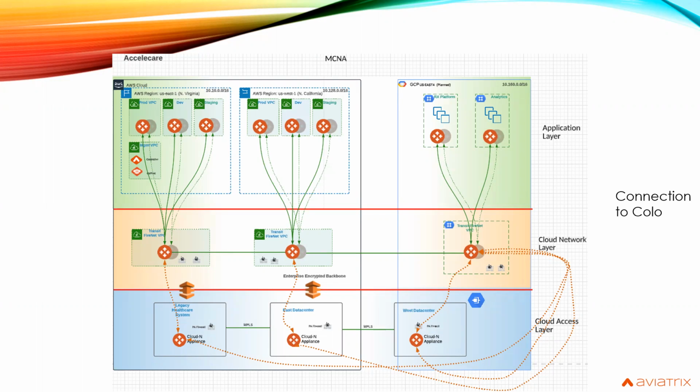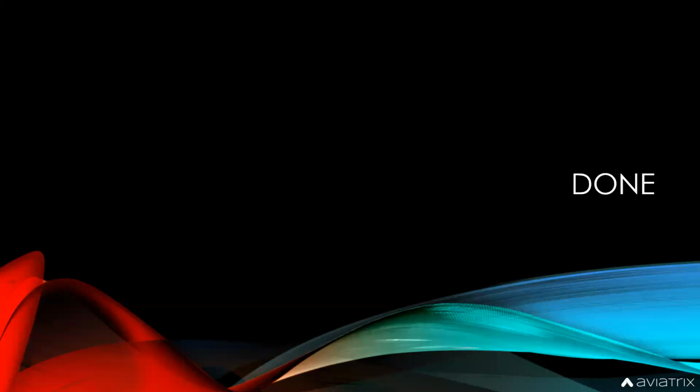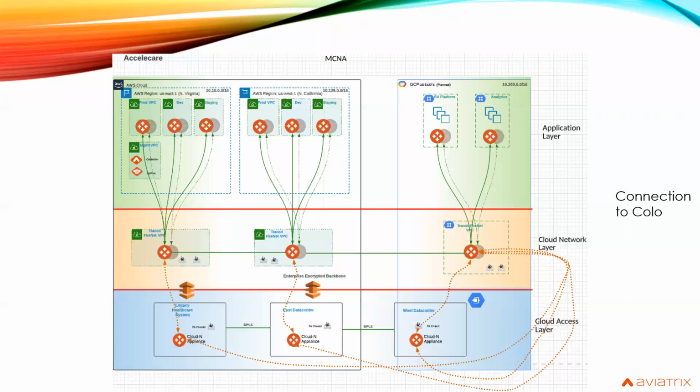So after that, that's pretty much the last slide. And this is really what the design would look like to meet all of those requirements, where we had best path selection. We're not hairpinning traffic. We have direct connectivity between them.